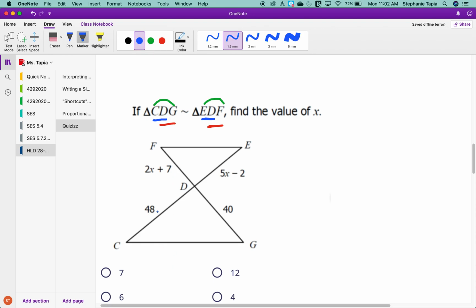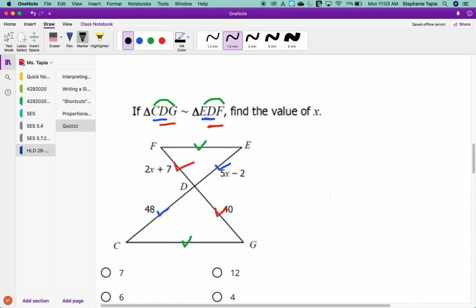So CD is going to correspond to ED, and DG is going to correspond to DF, and then my last two sides, CG is going to correspond to EF. So now in order to solve, I can set up my proportions.